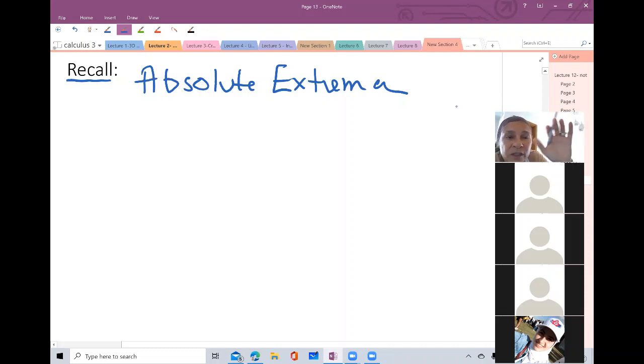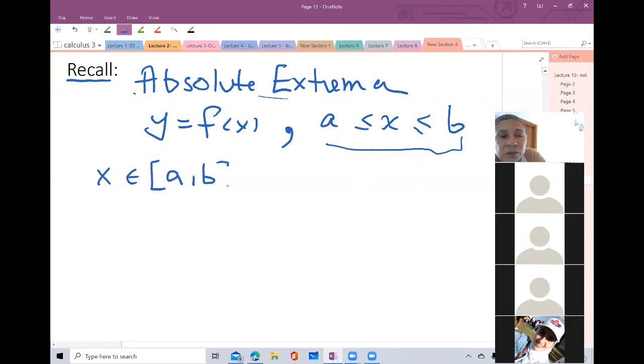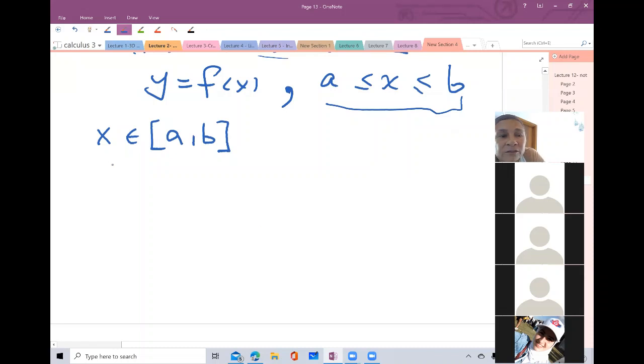It was difficult and I must understand the problem or have the background. But if I'm given a function like this, y is equal to f(x), and it says find the absolute extrema, as I told you, it's difficult if I want to do it mathematically without graphing. So to make it easier, I'm going to say I'm going to look only in a closed interval. So I'm going to look only at this closed interval from A to B at my function and find my absolute extrema.